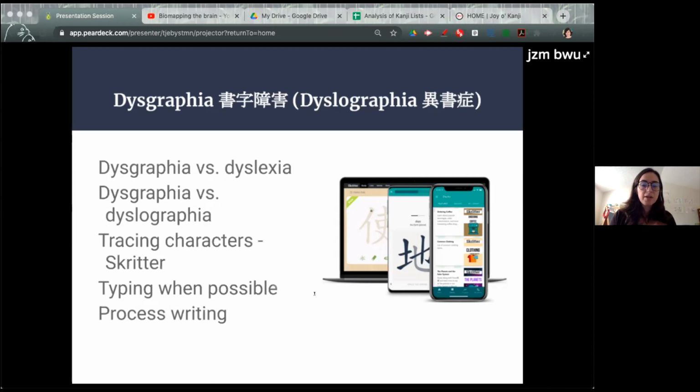But another effective support for students who have problems with dysgraphia is to teach the process of writing. And maybe by the time they're in high school, you feel like, well, come on now, don't you know how to write?